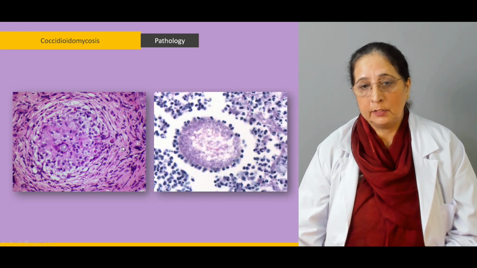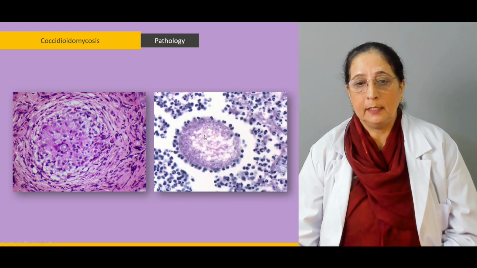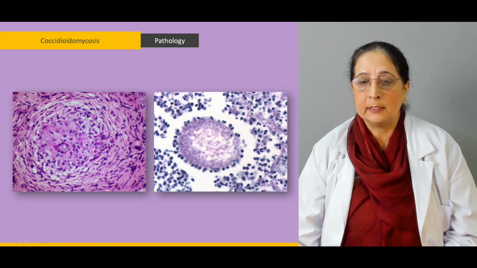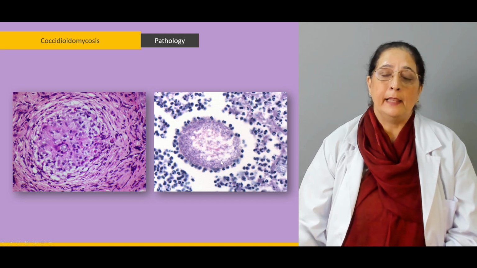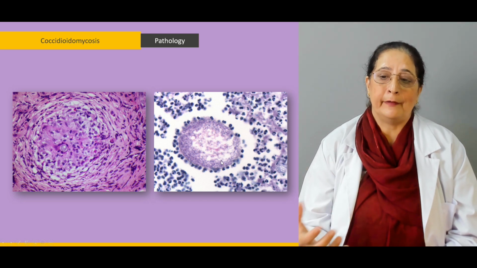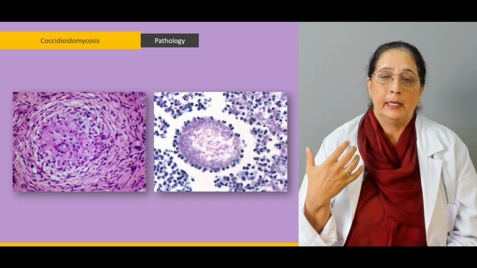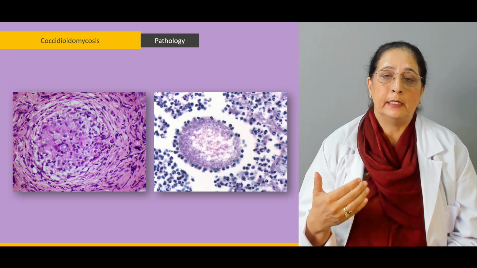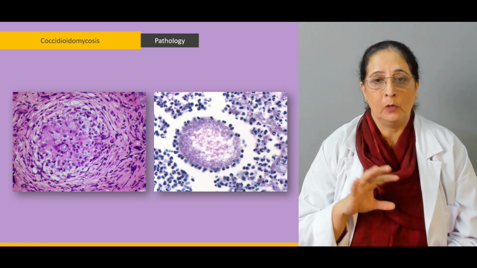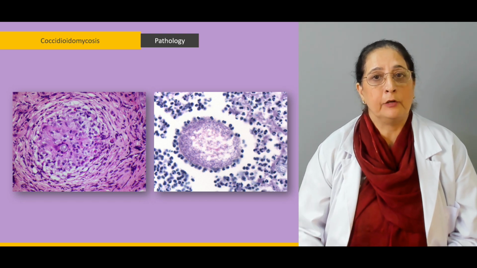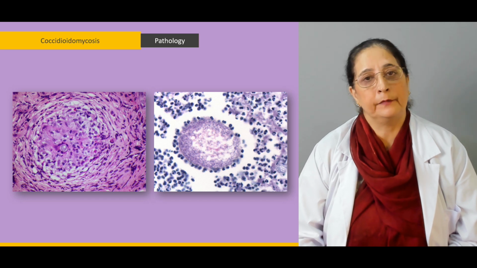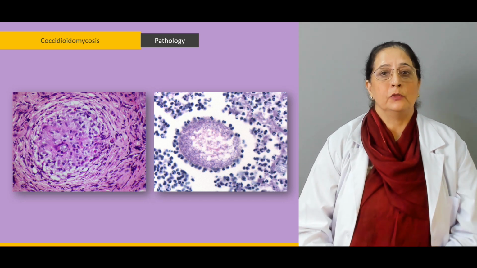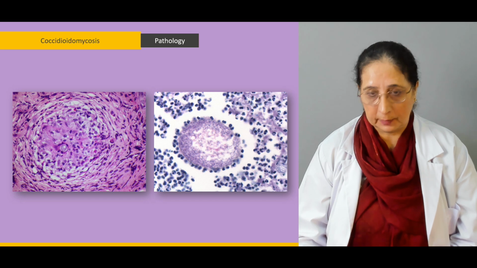And also you can see a big, growing spherule with the endospores in it, and then these endospores are released and different chemicals are released and it initiates the process. So these are the microscopic slides, or microscopic appearance, of the coccidioidomycosis infection.